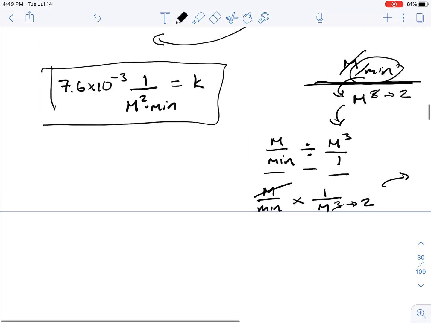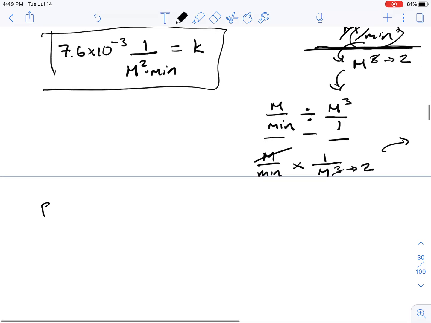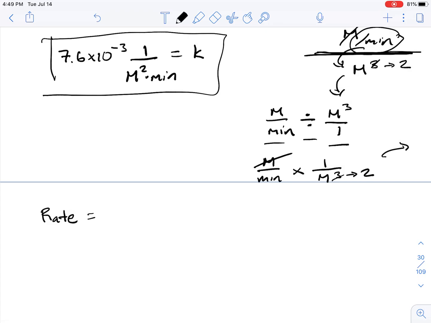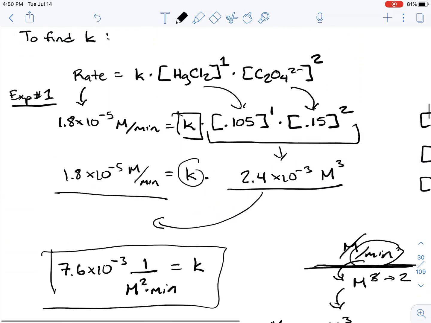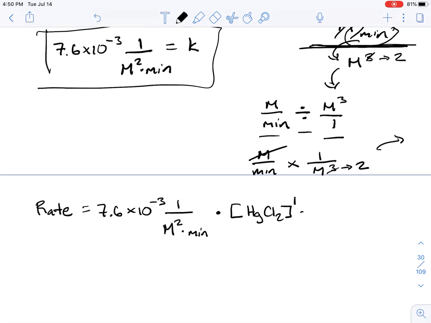So the last thing that we need to do is just update our rate law to include the value of K. So the complete rate law that I will definitely ask you guys on your exam is going to be 7.6 times 10 to the negative 3, 1 over molarity squared times minute, times this by the concentration of HgCl2 raised to the first power, because it's first order kinetics, times this by the concentration of oxalate raised to the second power.